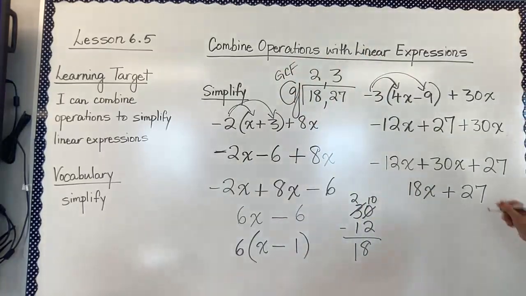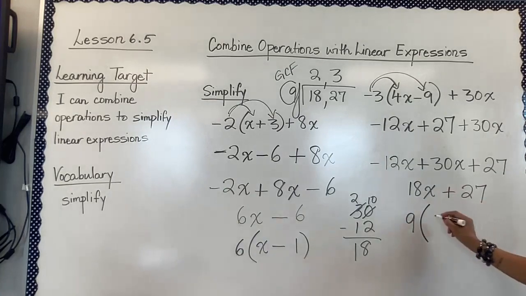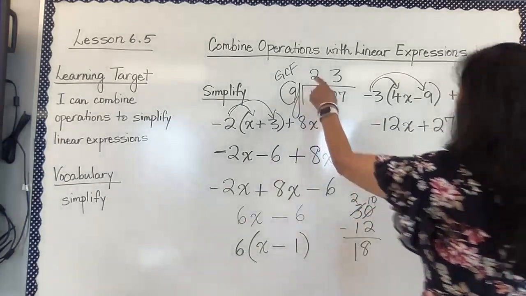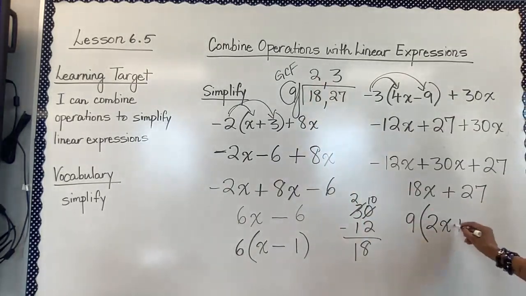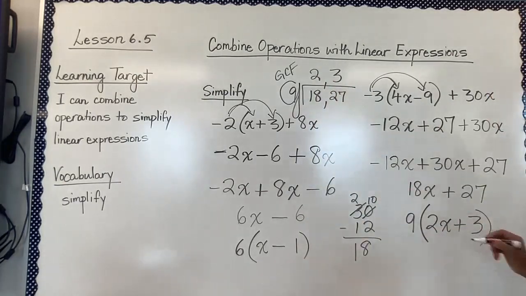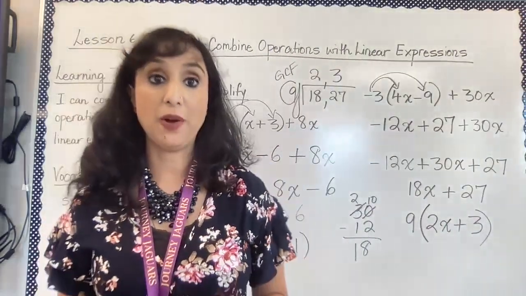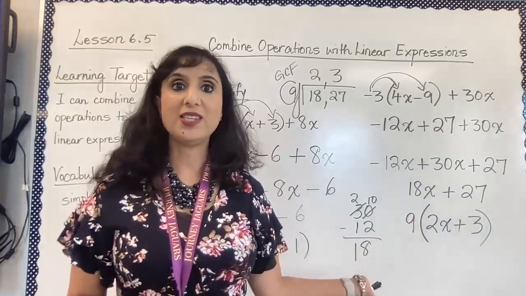I'm going to put it outside. 9 times 2 gives me 18, so this is 2x, plus this 3 goes here. So 9 times (2x plus 3) is the factored form of that problem, which is in its simplest form.